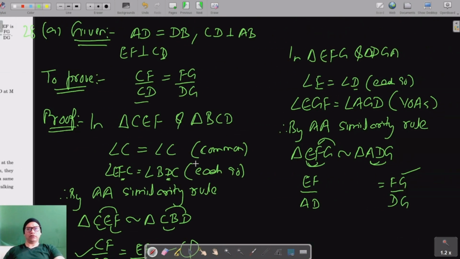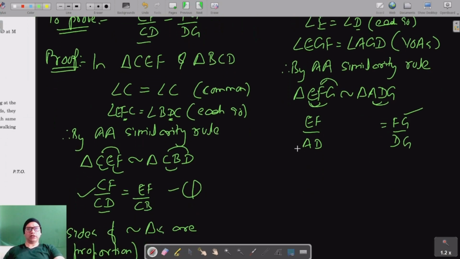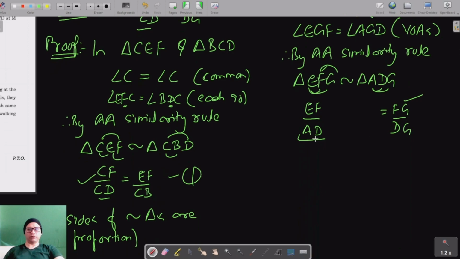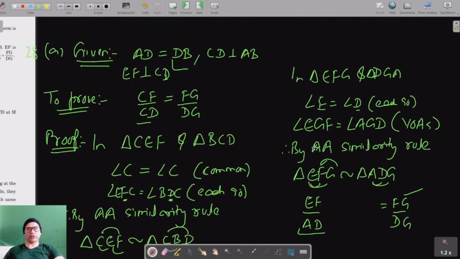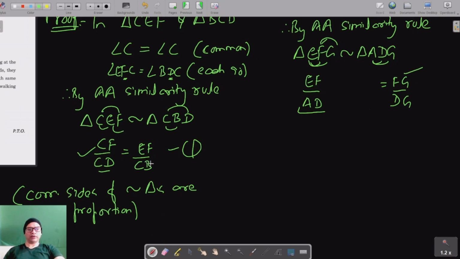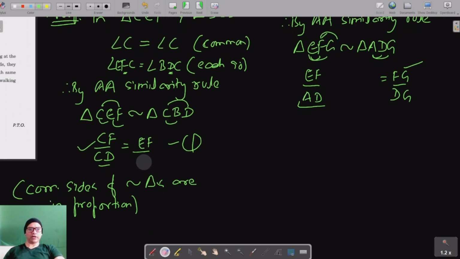And it's given that AD is equal to DB. So instead of AD, I can put DB. So this is EF, and here it's EF by BD. So EF by BD, and this is EF upon, instead of AD, I can write BD, which is equal to FG by DG.